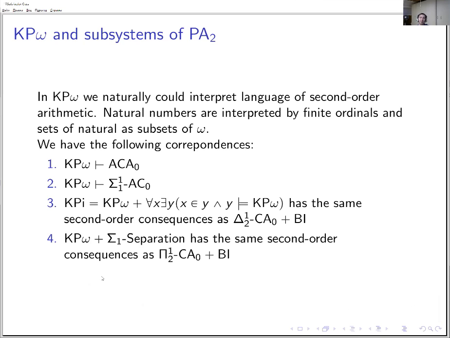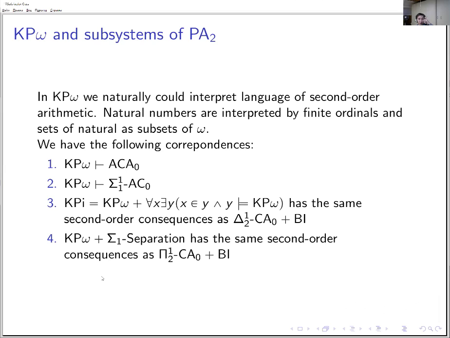So if you have Sigma_1 separation, then you get Pi^1_2 comprehension. If you add Sigma_n separation, then you will get Pi^1_n comprehension in second-order arithmetic. Okay, sorry, Pi^1_{n+1} comprehension in second-order arithmetic.